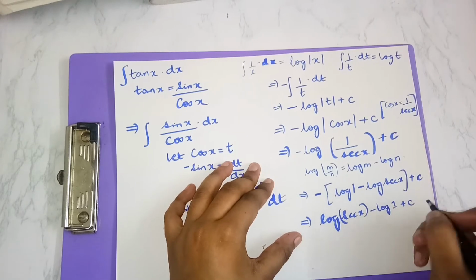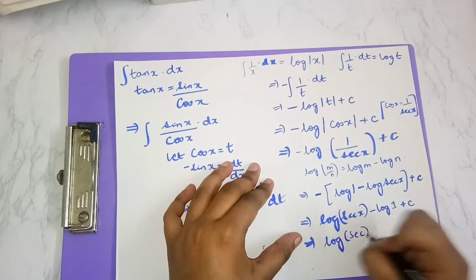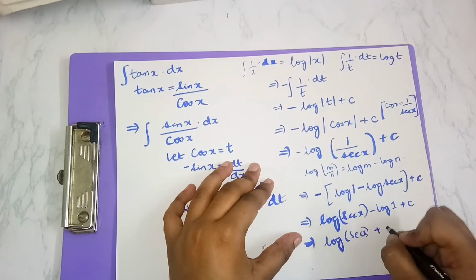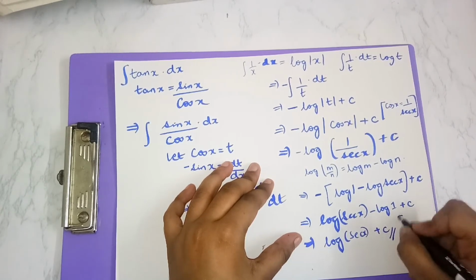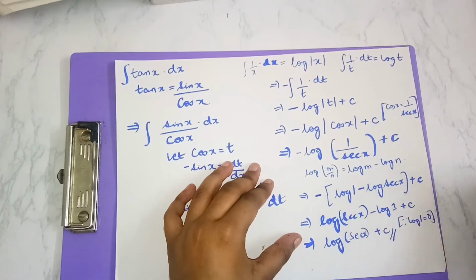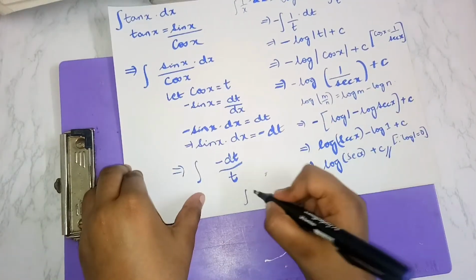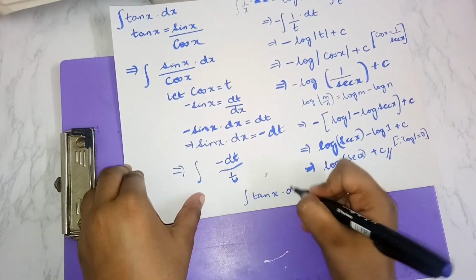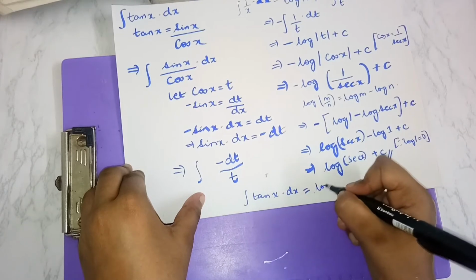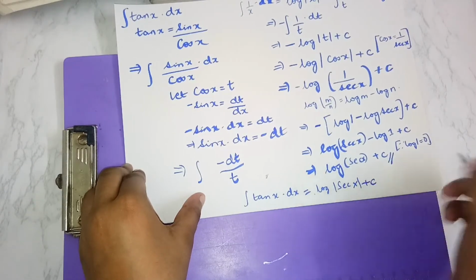We know that log 1 is 0, so that implies log of secant x plus c. Therefore, integral of tan x is log of secant x plus c.